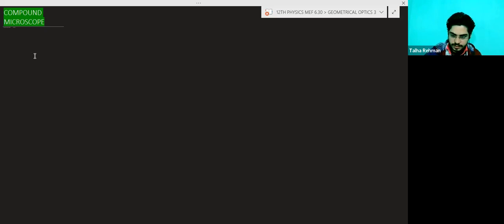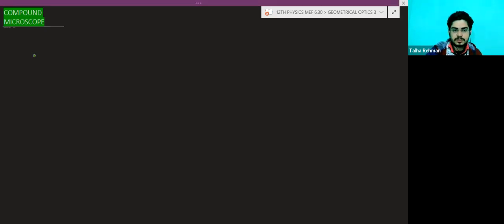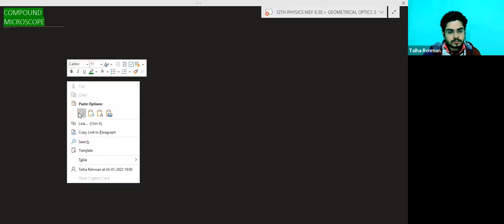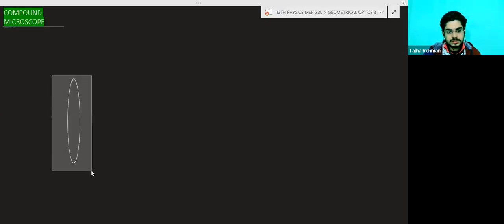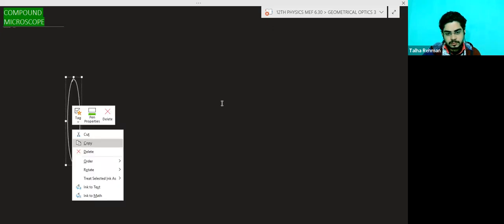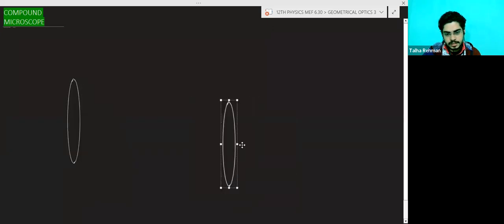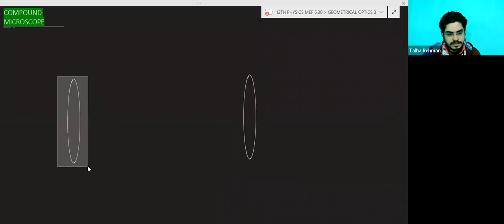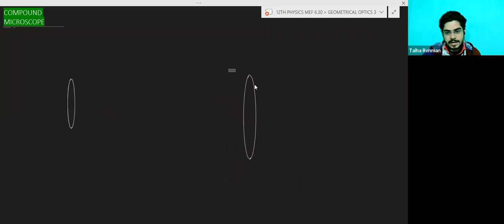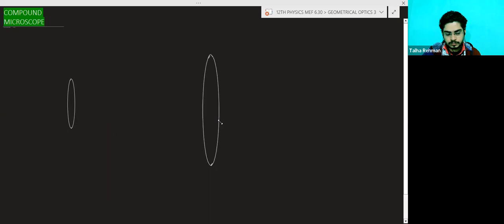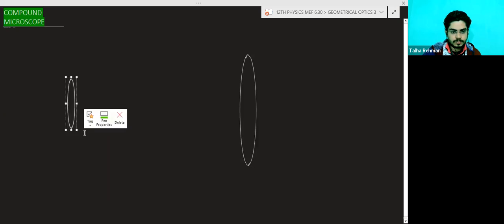The objective lens is smaller, and the eyepiece lens is larger as compared to the objective lens.